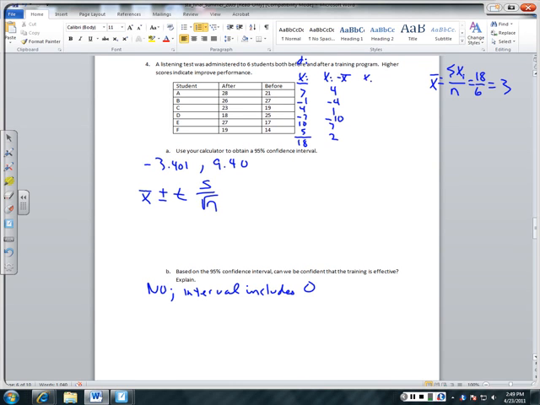Then I'm going to square all of those. 16, 16, 1, 100, 49, and 4. And then I'm going to add all of those up. I get 186.